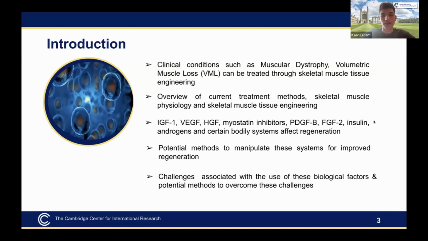And after that, it will be examining the roles of certain biological factors and how they could improve regeneration in skeletal muscle tissue engineering. And these biological factors include IGF-1, VEGF, HGF, myostatin inhibitors, PDGFB, FGF2, insulin, androgens, and also it will overview certain bodily systems which affect regeneration in skeletal muscle and the potential methods to manipulate these systems for improved regeneration following transplantation of skeletal muscle tissue constructs.